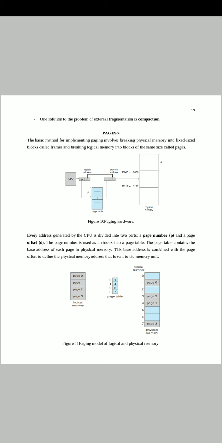That logical address contains two parts. First is the page number, then second is the displacement. Displacement is also called offset. And the physical address contains the frame number and displacement. The displacement value is the same for the logical address and the physical address.